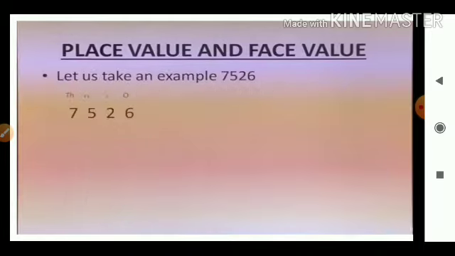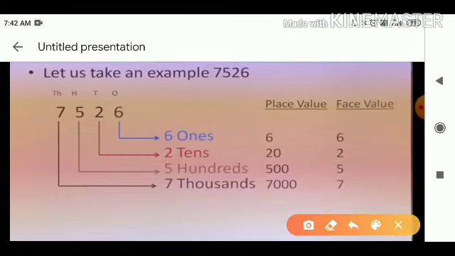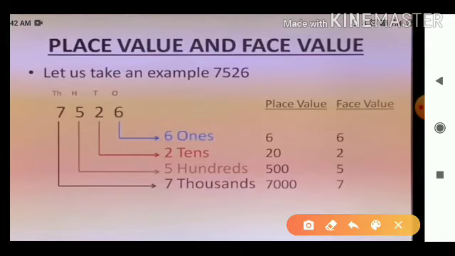Let us take one more example. 7526. 6 is in ones position, 2 tens position, 5 hundreds position, 7 thousands position. Place value and face value: 6 ones, place value of 6 is 6 only. 2 tens, place value 20. 5 hundreds, place value 500. 7 thousands, place value 7000.